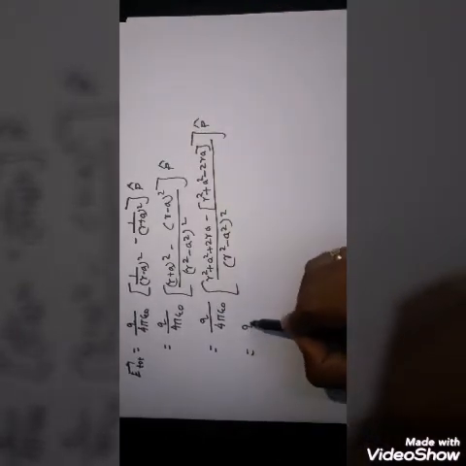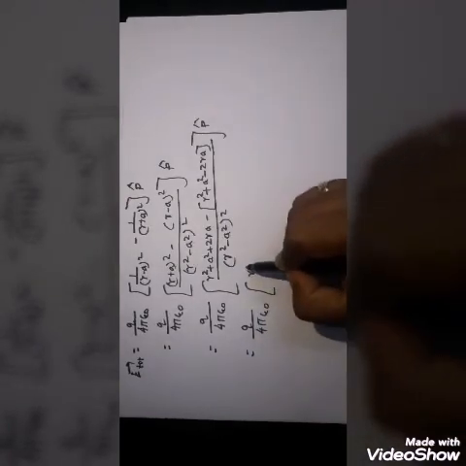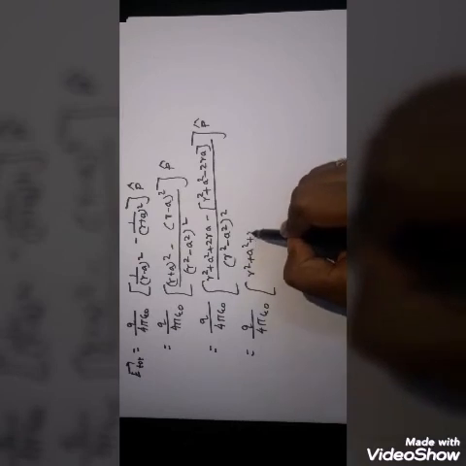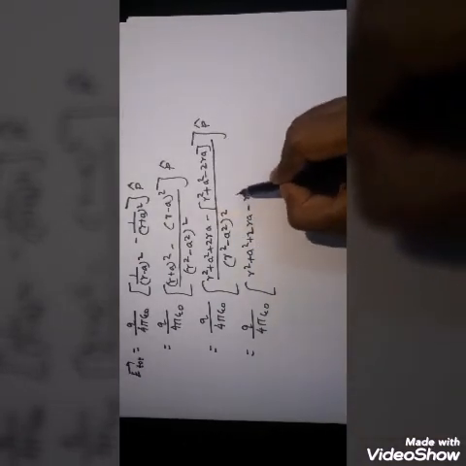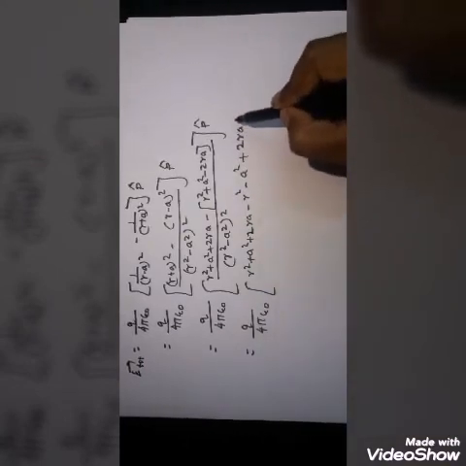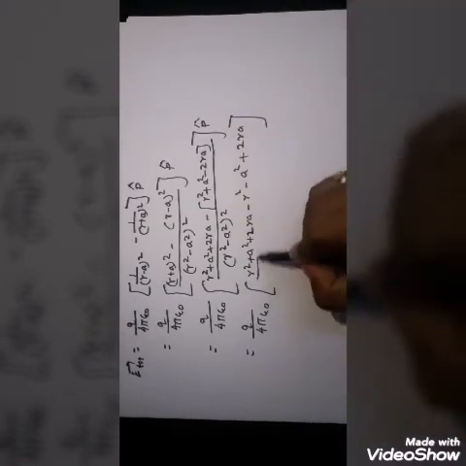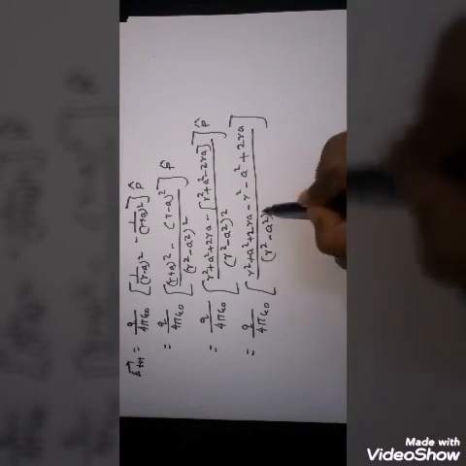We write r square plus a square plus 2ra, and bring in the negative sign: minus r square minus a square plus 2ra, divided by (r square minus a square) the whole square.